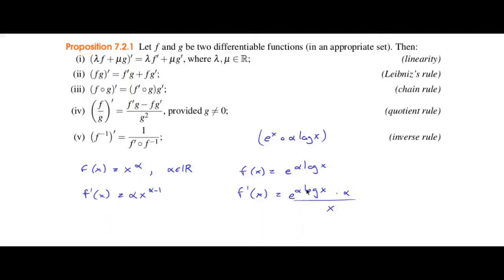This is equal to x to the alpha times alpha divided by x, or in other words, alpha times x to the alpha minus 1, which is the derivative we were searching for.